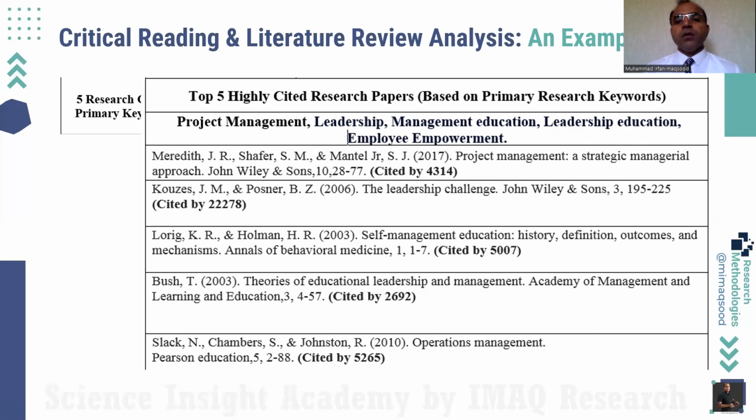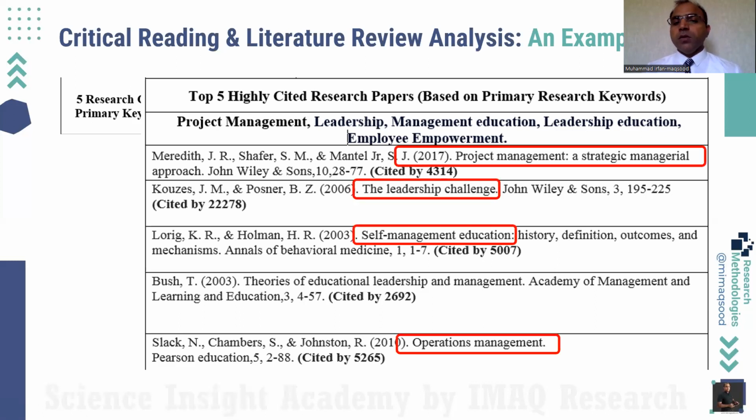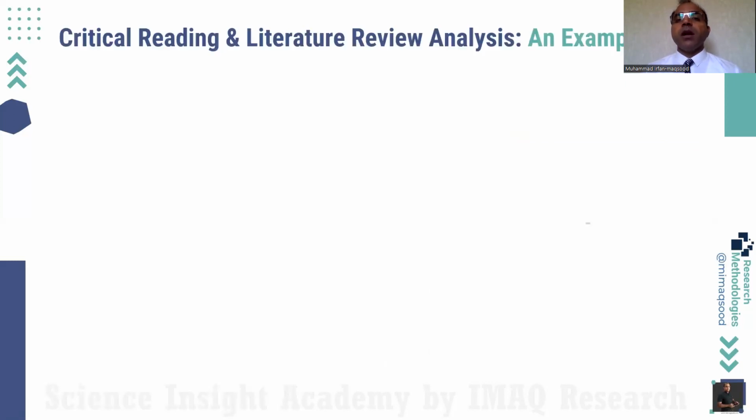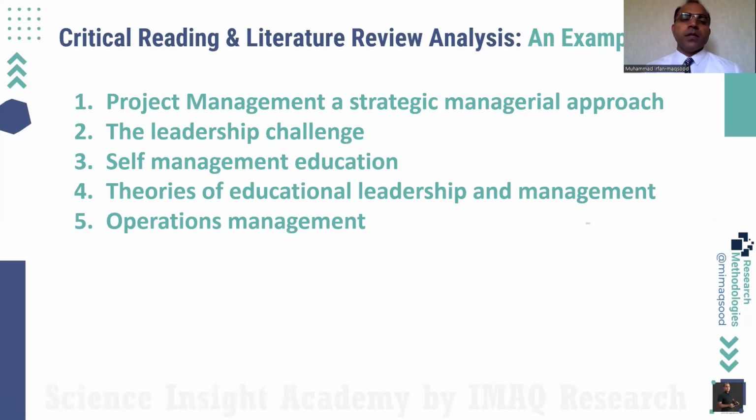When you find all these top 5 or top 10 highly cited articles, you list all the titles of these articles, because these are highly cited and highly appreciated in the scientific community. For example, using those five keywords, I listed these five articles here. From these five articles, I tried to merge them and establish the relationship between the authors of these five articles.